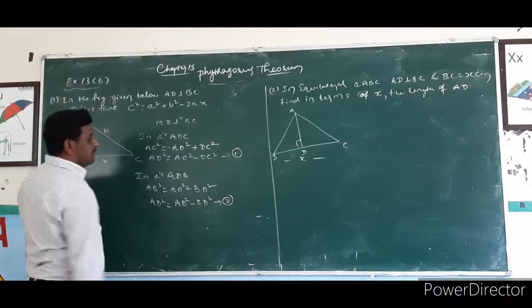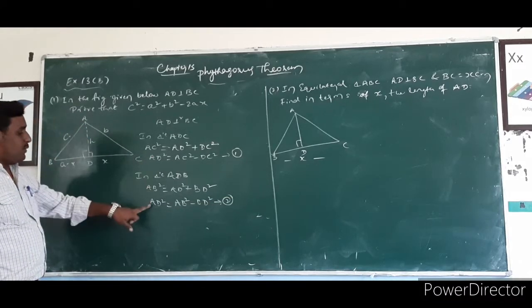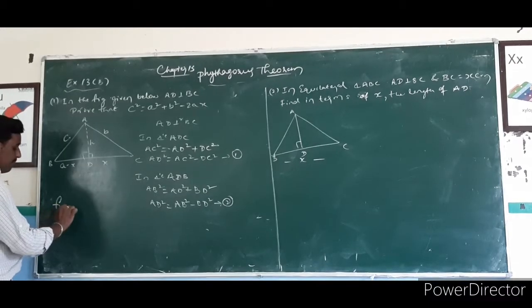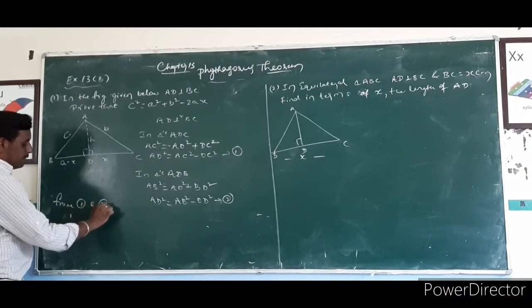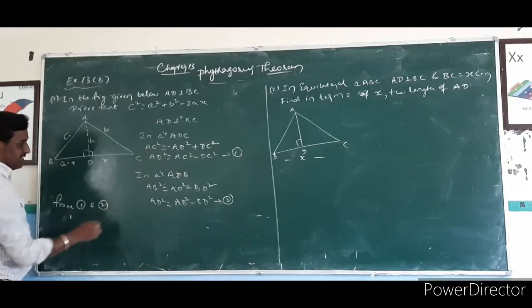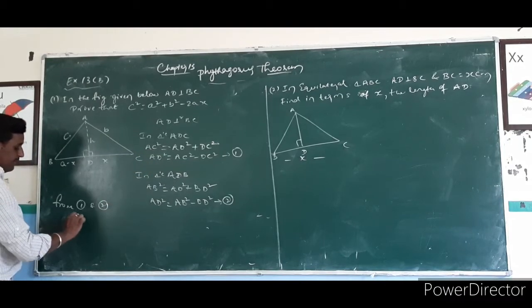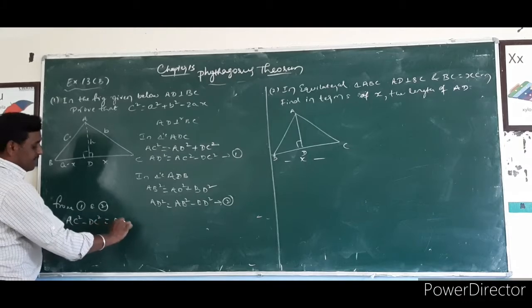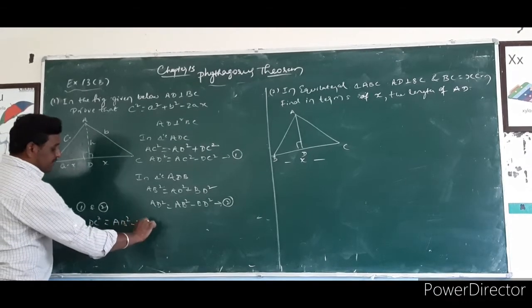This is equation number 2. From 1 and 2, LHS are equal, which means RHS are equal, that is AC square minus DC square is equal to AB square minus BD square.